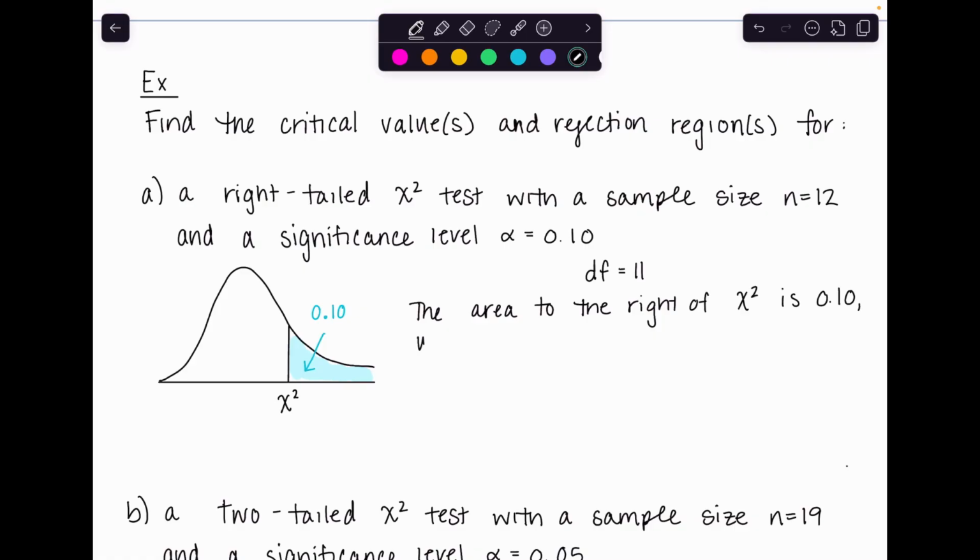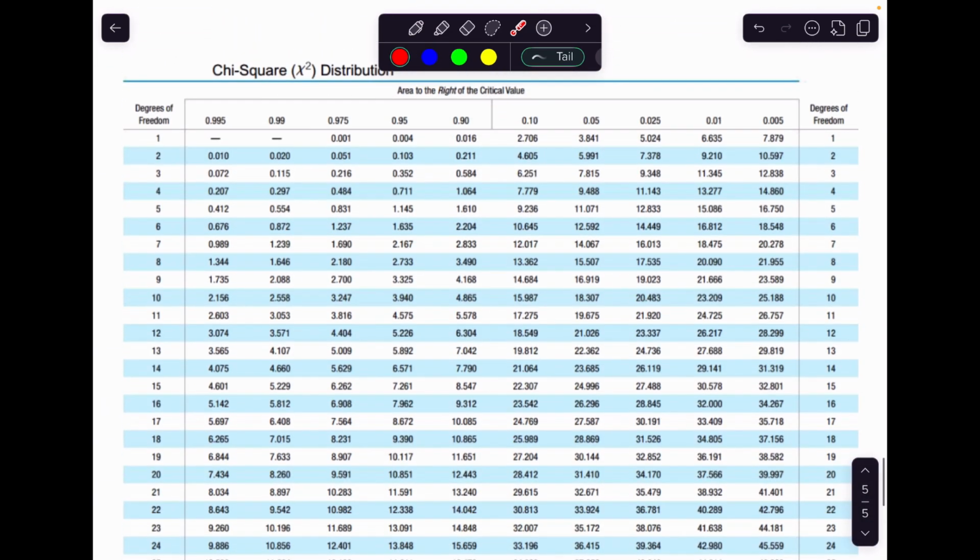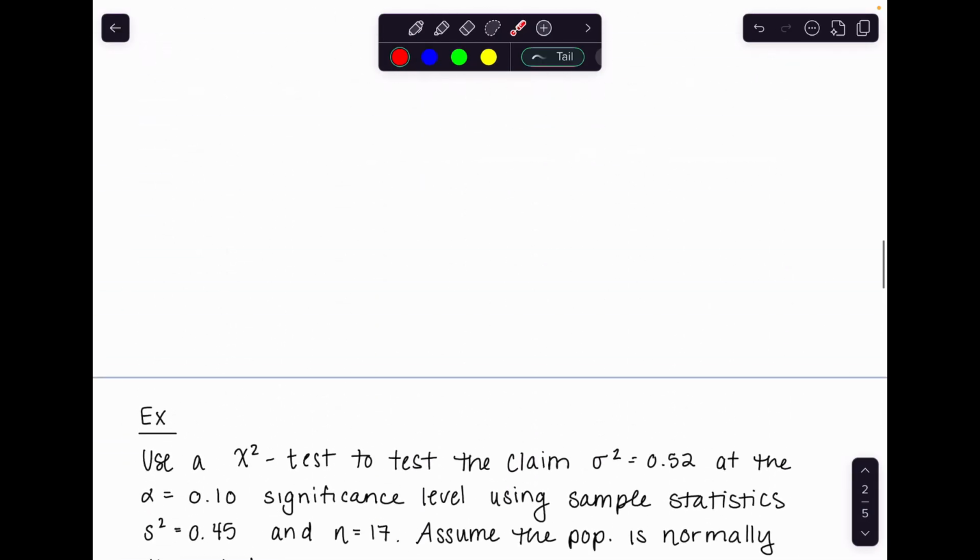Using the table, we get the critical value. My area to the right, because it's right-tailed, is 10%. That means I'm looking in this column here. My degrees of freedom is 11. Going down to 11, which is right here, my critical value is 17.275.